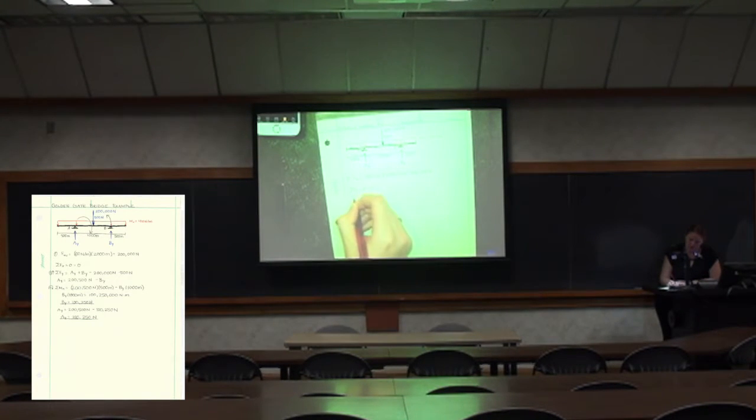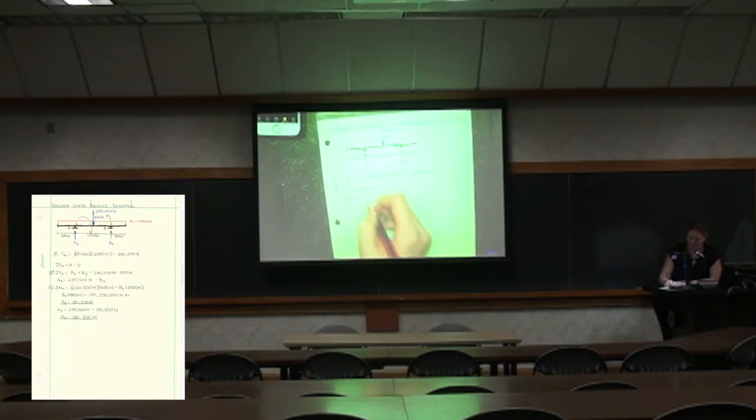Now let's look at the sum of the forces in the y direction. So let's also set a positive direction for the forces. Let's say upwards is positive, just because that's the convention that we use in most graphing systems as well, and in vector notation. So the sum of the forces in the y direction equals 0. So what are some of the forces acting in the positive y direction?